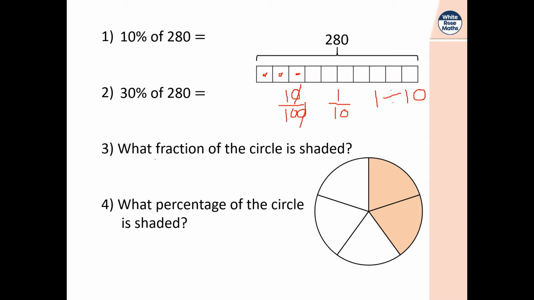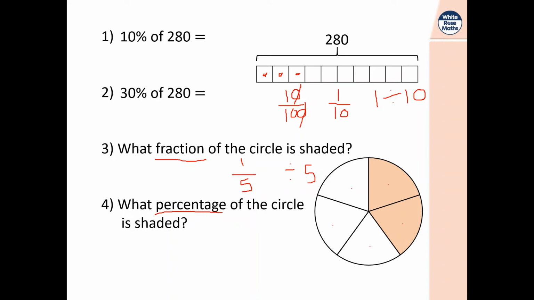This one, now don't get confused, is what fraction. So how many is it divided into? 1, 2, 3, 4, 5 parts. And remember, fractions are division. So to find 1/5, we divide by 5. And then to find 2/5, you multiply that answer by 2. And this one then says we need to work out the percentage.